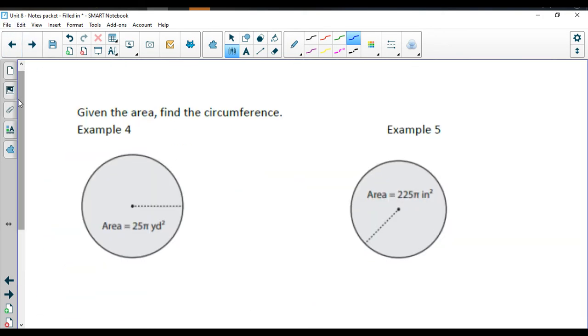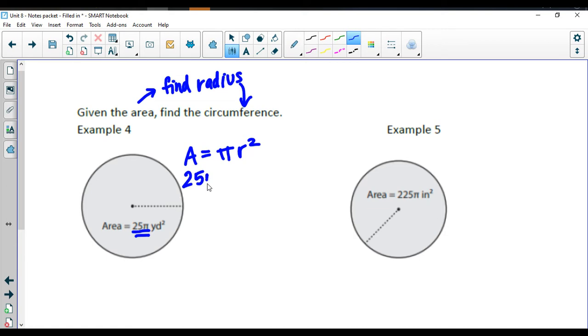For your next example, given the area, we're going to find the circumference here. So in order to do this, we are going to work backwards. We're going to find the radius, and then we'll use the radius in our circumference formula. So area equals pi r squared. Notice in my area here that I have pi in the answer, so I'm just going to leave the right side as pi instead of changing it over to a decimal. So I'm going to divide by pi on both sides. Those will cancel out. 25 is equal to r squared.